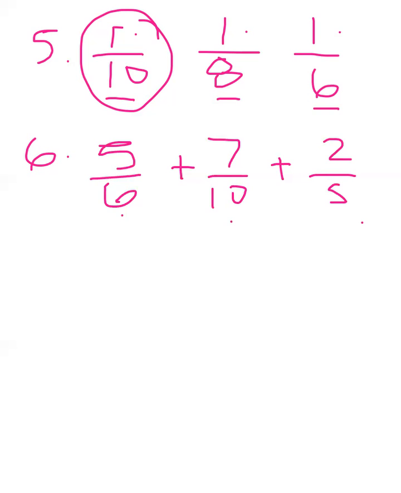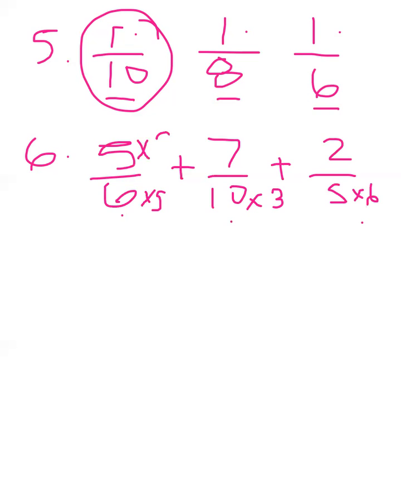So in order to do that, I think 6 times 5 is 30. 10 times 3 would give me 30. And then 5 times 6 will give me 30. So whatever we did to the denominator, we have to do to the numerator.